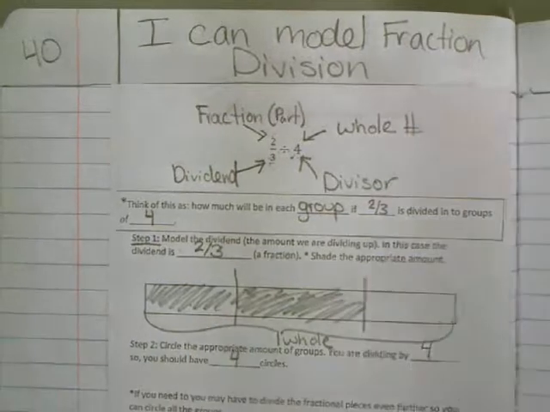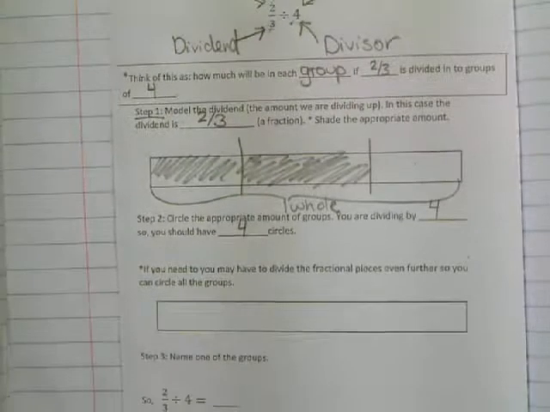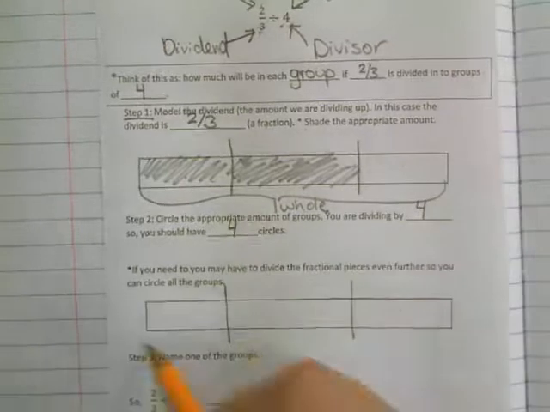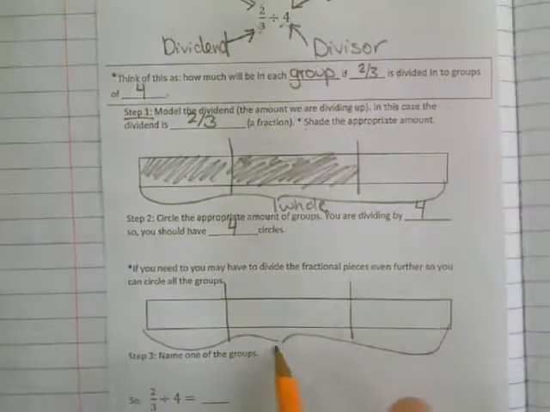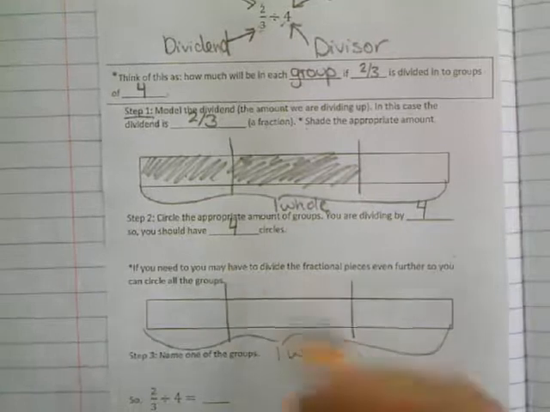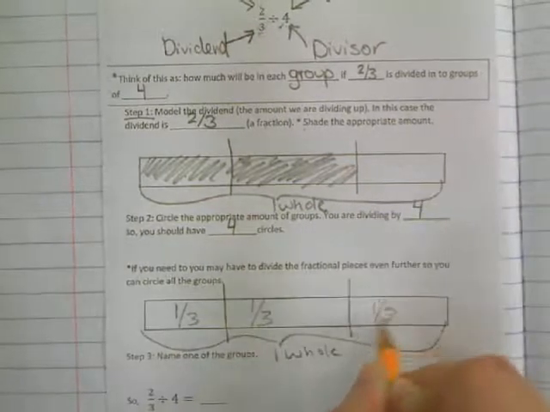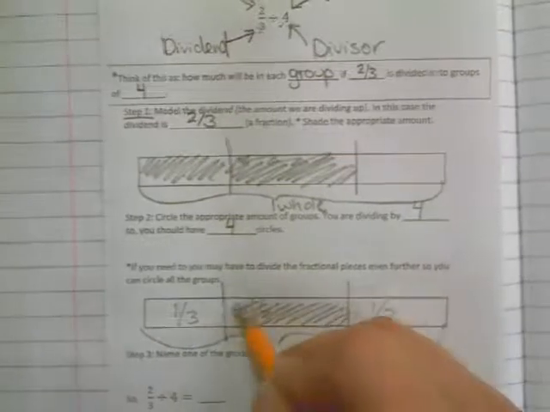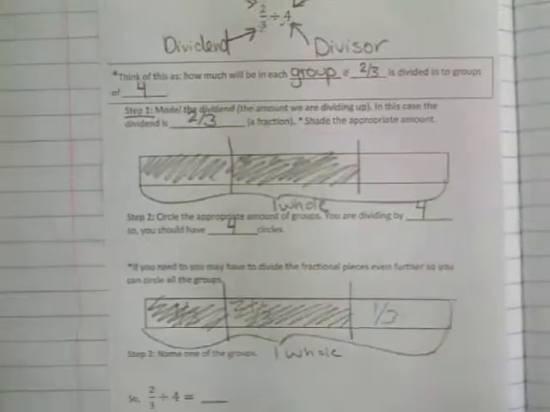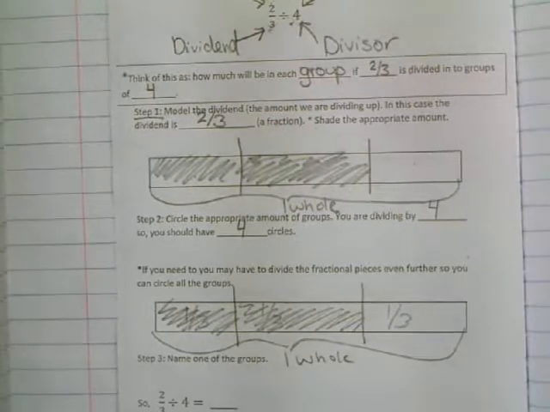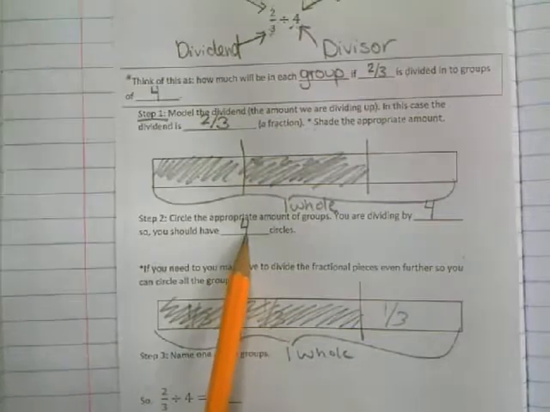I'm going to scoot this up a little, and let's redraw our model down here so we can talk about ways to split that up. Again, remember that's 1 whole. Each piece is 1/3, this is 1/3, this is 1/3, right? Now, again, we need to circle 4 groups because we want to divide by 4.